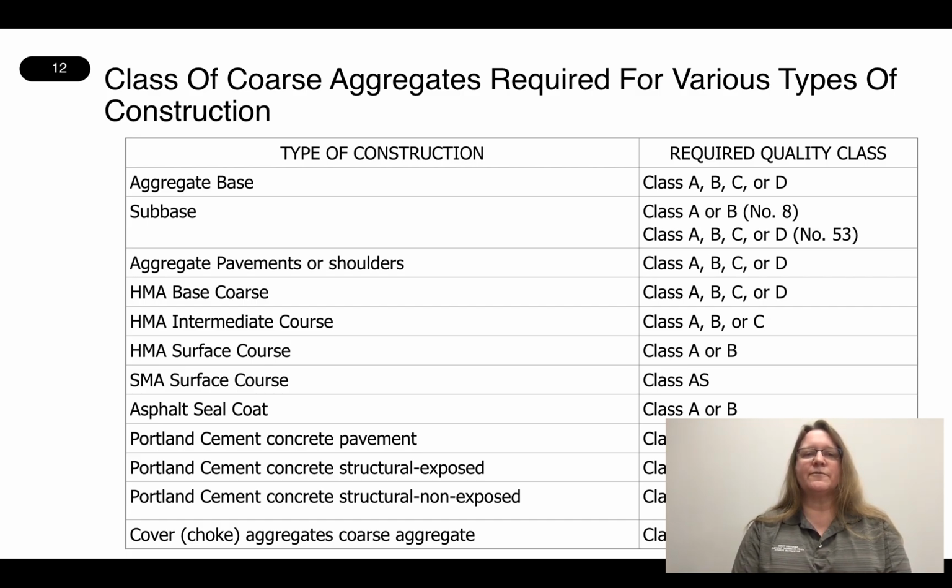So in terms of classes of coarse aggregate in various types of construction, this chart shows the type of construction and then what is required. Again, you can find these in the state's standard specification book.